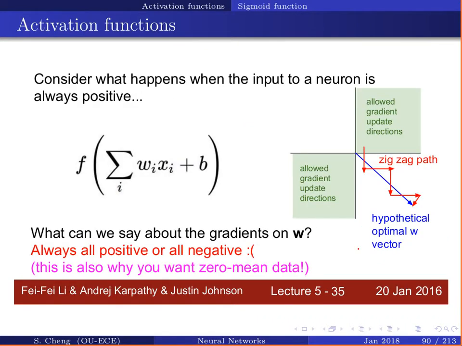So a disadvantage is, let's say you assume your vector is just 2D, in a 2D space. Because your gradient is either all positive or all negative, it can only go either here or here.